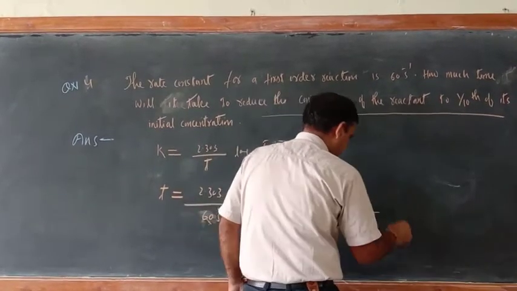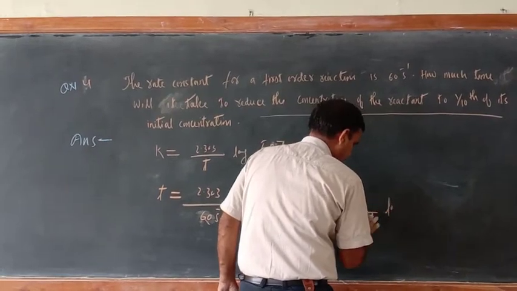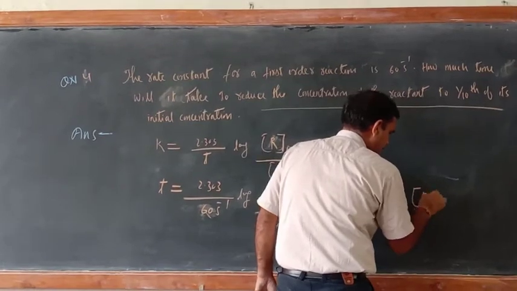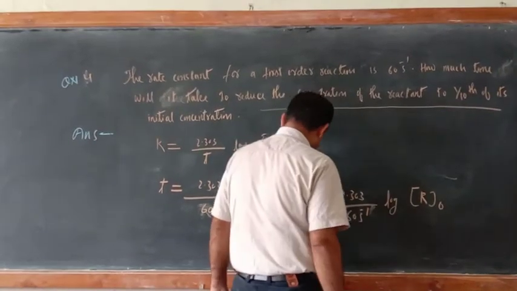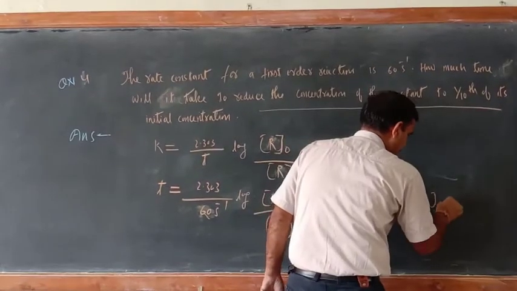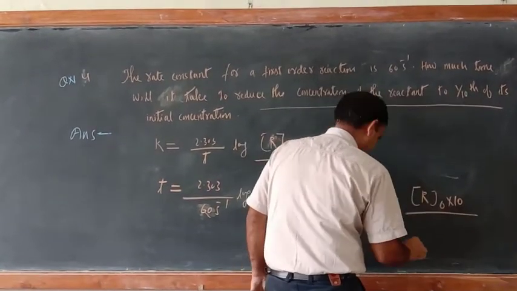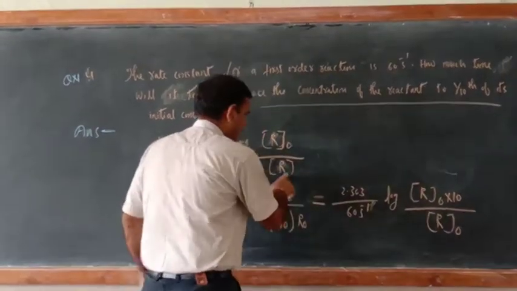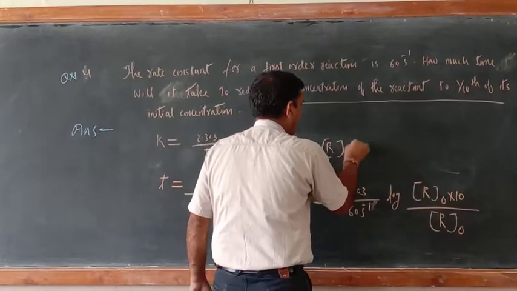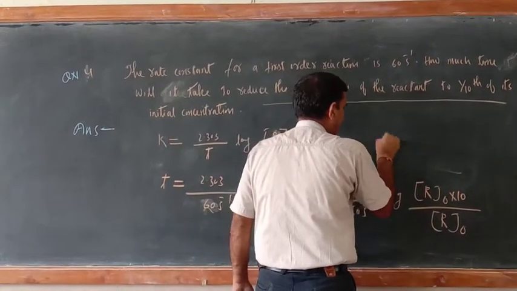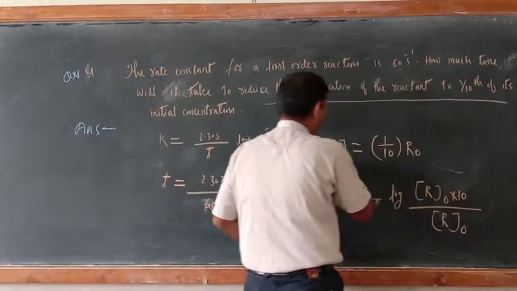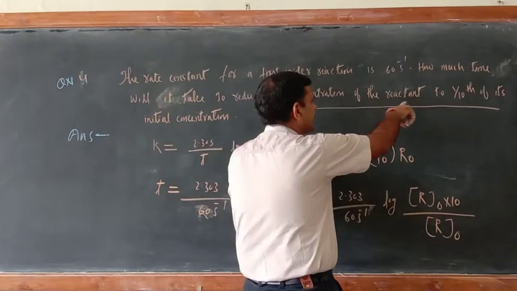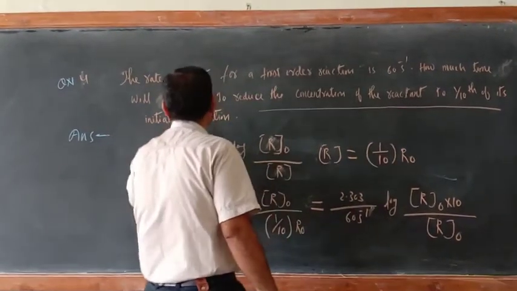And here log of R0 into 10 divided by R0, because R equals 1/10 R0. R is the concentration at time T, and here it is the concentration of the reactant at 1/10 of its initial concentration.